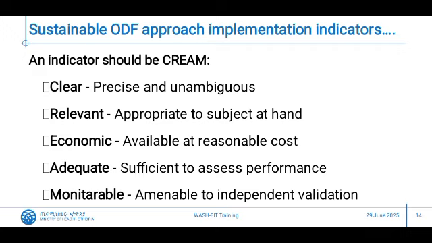This abbreviation stands for: C, clear, precise, and unambiguous. R, relevant, appropriate to the subject at hand. E, economic, available at reasonable cost. A, adequate, sufficient to assess performance. M, monitorable, amenable to independent validation.